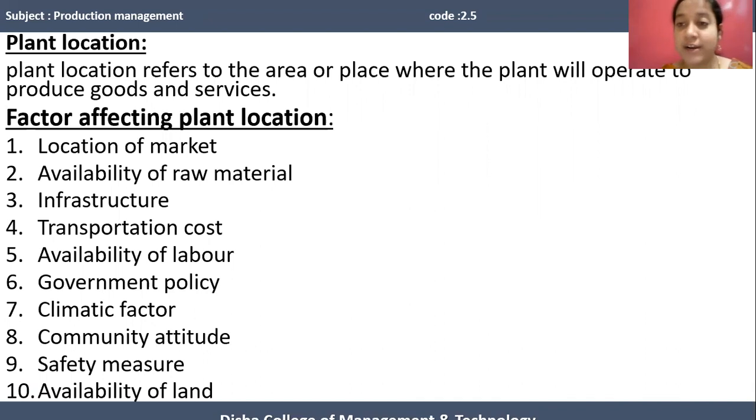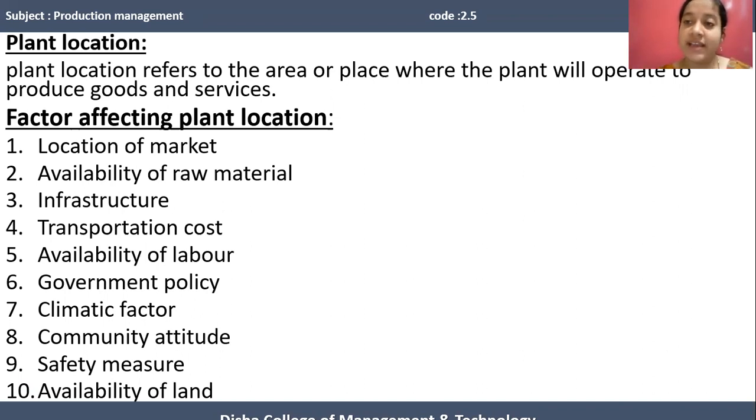Next one is the plant location. Plant location is an important concept of production management. It refers to the area or place where the plant will operate or where the plant produces the goods or services.